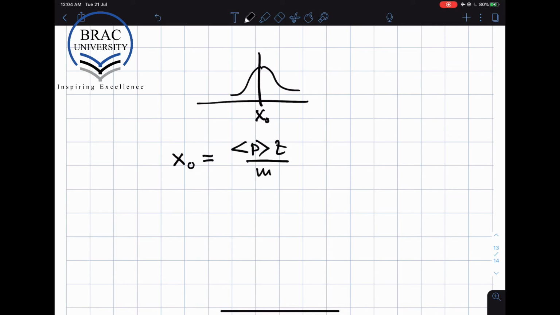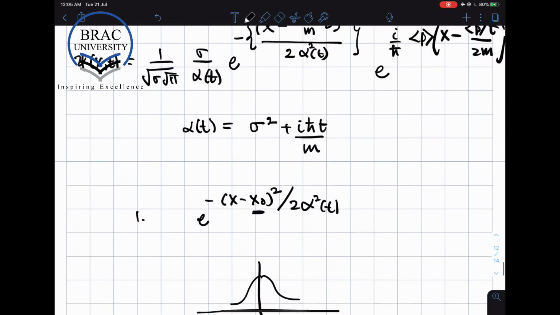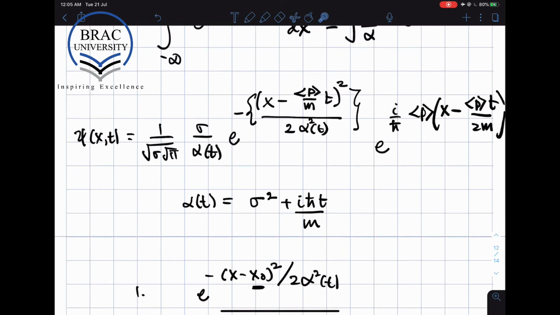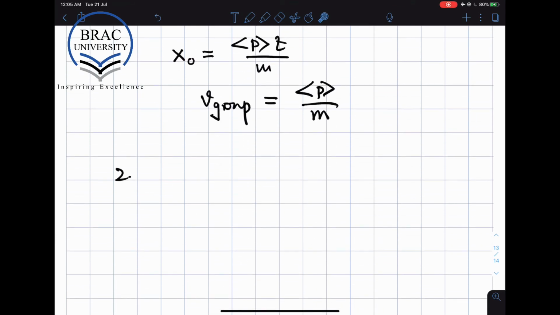And therefore, we see a group velocity. So there's a group velocity here. The group velocity is p over m. So this is the first observation. The second observation is that if I now take my wave function and square it, we find the probability density.